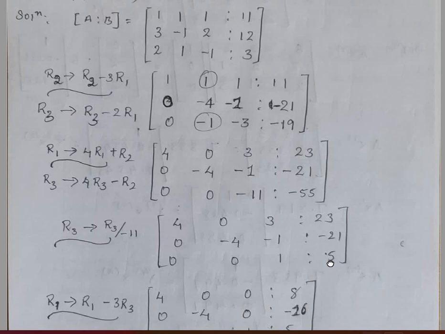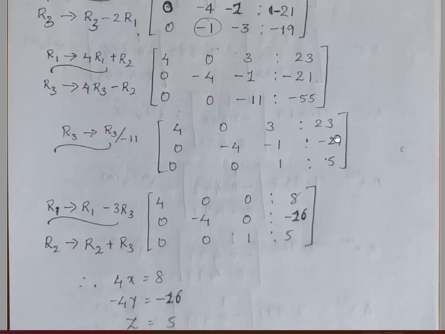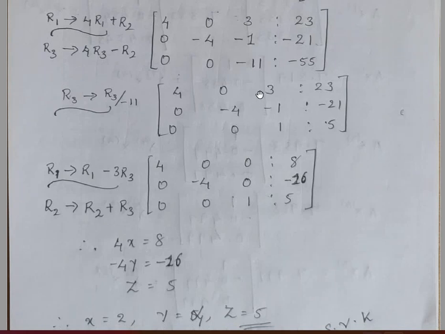Now I am going to find out, I make sure the values 3 and minus 1 are 0 by making the operation R1 minus 3 times R3, R2 as R2 plus R3. So by using that I got the matrix like this. Now I will rewrite this in terms of equations as 4x equal to 8, minus 4y equal to minus 16, z equal to 5.